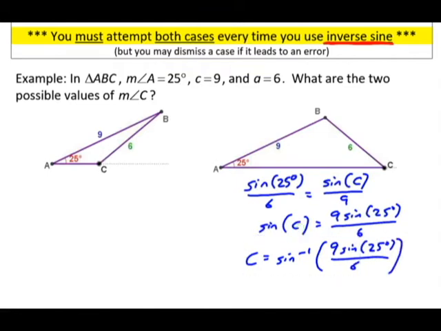Here's where the problem lies. Inverse sine on the calculator is going to return an acute angle no matter what. But there might be a solution that's obtuse, and the inverse sine wouldn't tell us about it. So let's run it through the calculator.